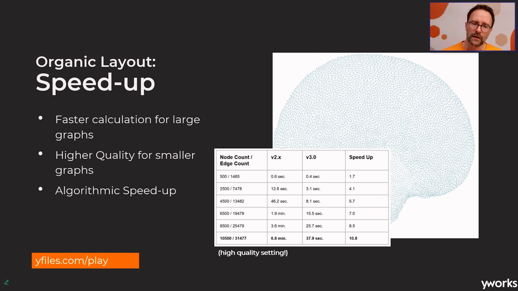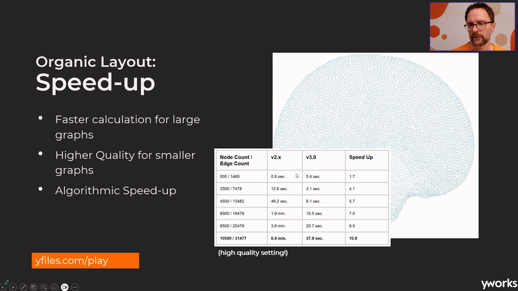But anyway, in this round, we implemented a major algorithmic speed up for the organic layout. And depending on the size of the graph, this will easily result in a speed up of up to factor 10 or more.